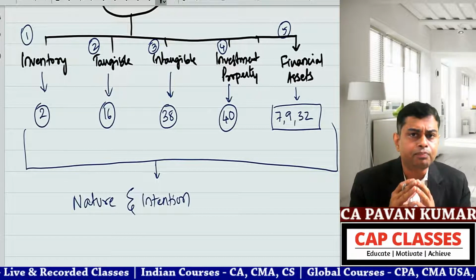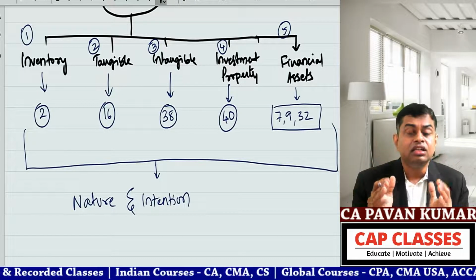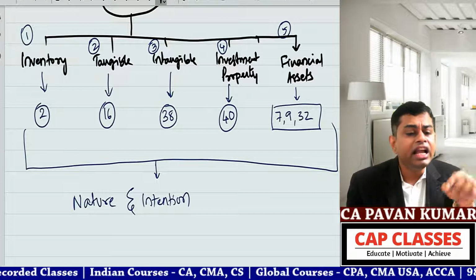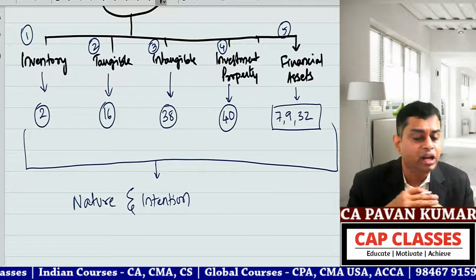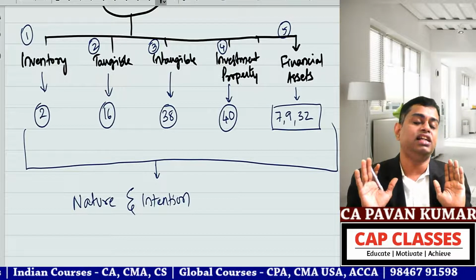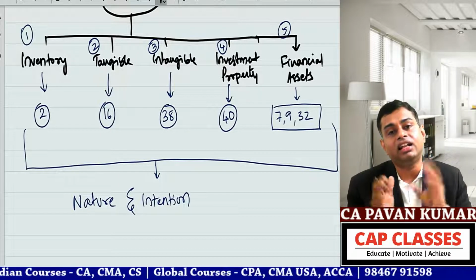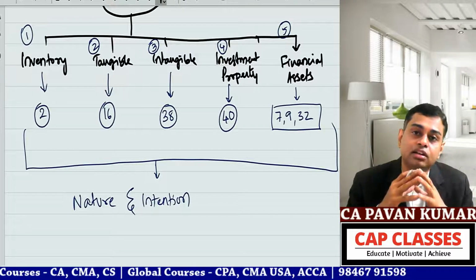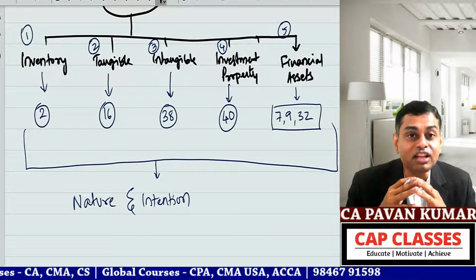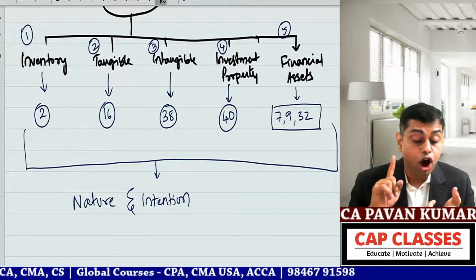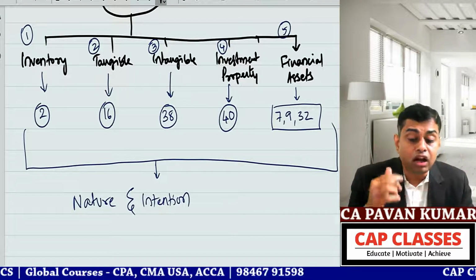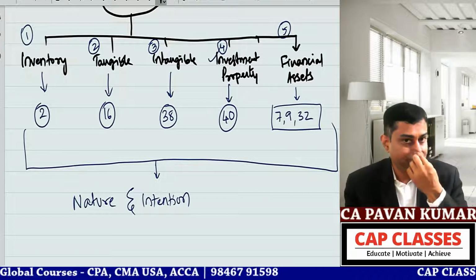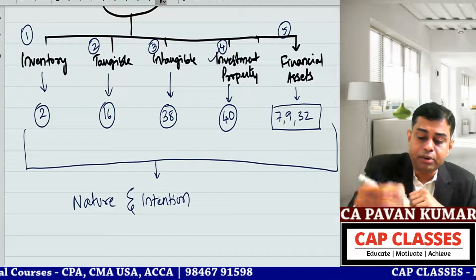Or, Pavan sir, I purchased this building. This building has 20 shops. I give these shops on lease basis or rent basis. My intention is just I'll sit at home, happily collect the rental income, I eat, I sleep. For rental income or for capital appreciation, if you are holding a property, that is called investment property.